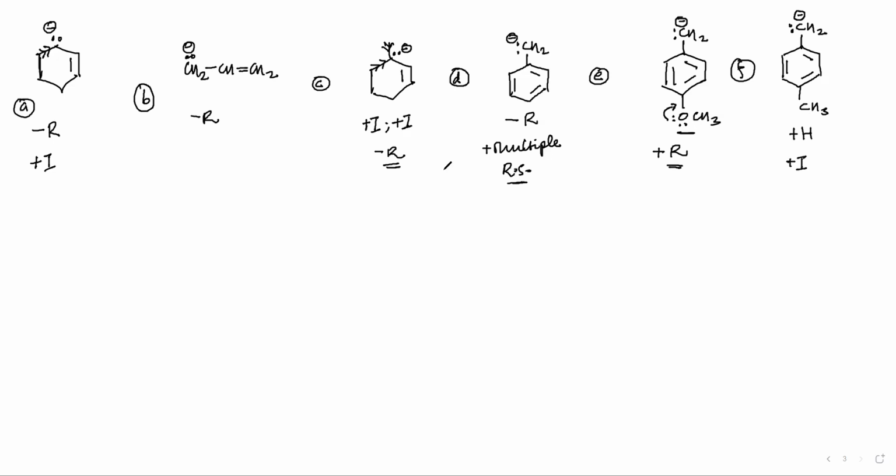So first of all, let us look at all the minus R. Everywhere where there is minus R, let us look at that. Let me just put a different color. Now A has minus R, B has minus R, C has minus R, D has minus R. Now in A, B, C, D, I have to see which one has plus I. If somebody has plus I, that means it is destabilizing, correct?